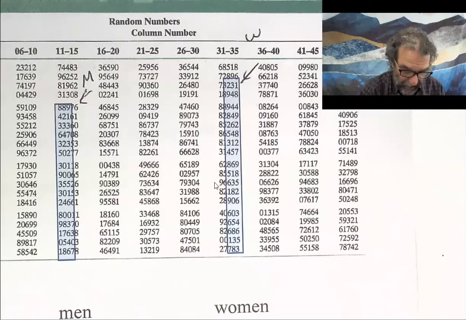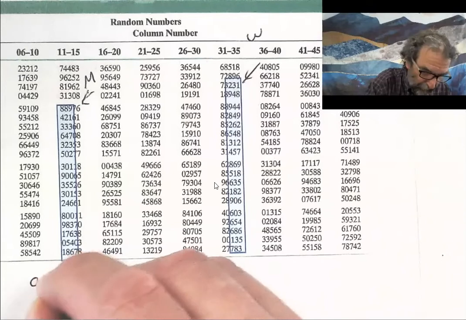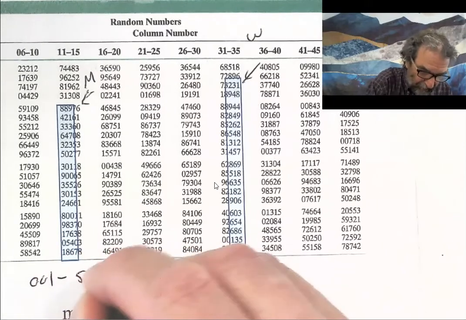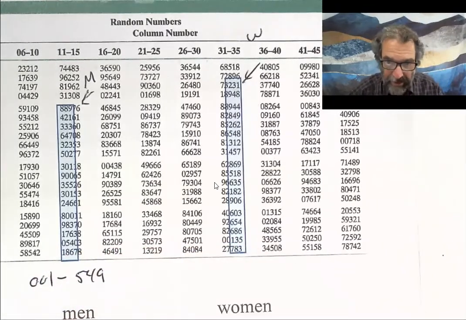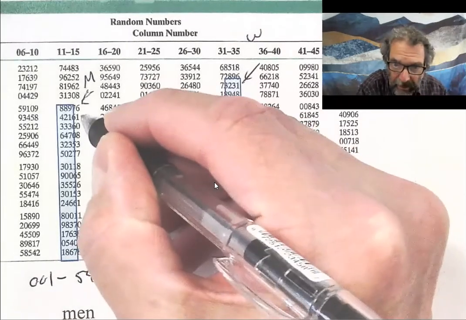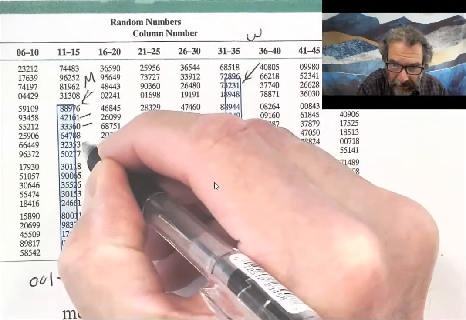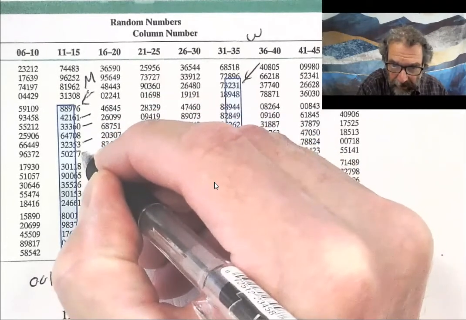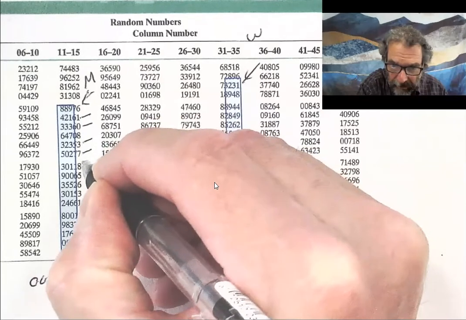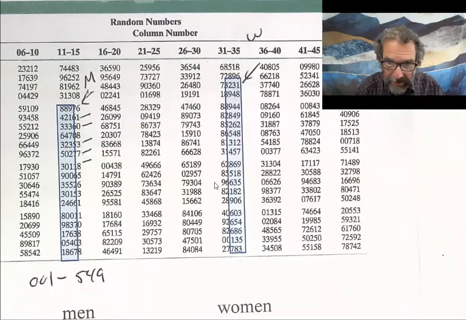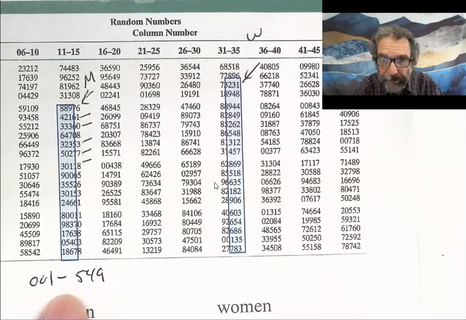For the men, it's 001 through 549. That's what we're looking for, and I'm trying to find 5 men. 549 is our biggest number. So it looks like we have 421, that's in that range, 333, 323, 502, and then 301.